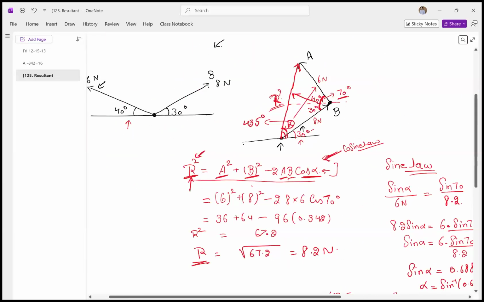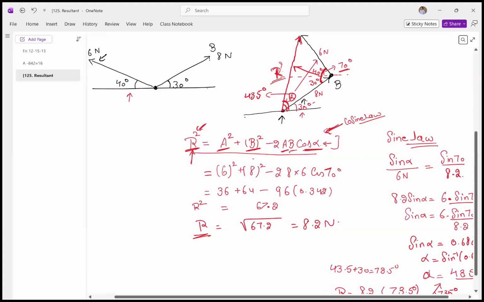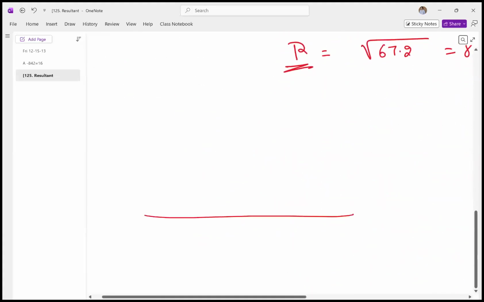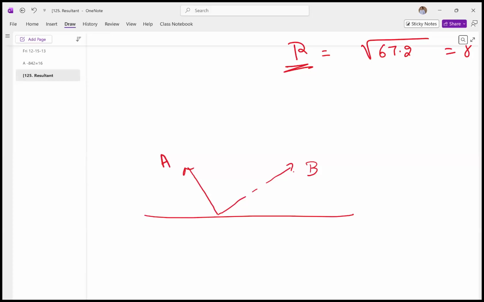Another thing I wanted to tell you is you can also draw the triangle by taking the A vector as the original vector. So if this is the A vector, and then the B vector was somewhere here, I'm going to replace this B vector up here. Let me change the color of the pencil.